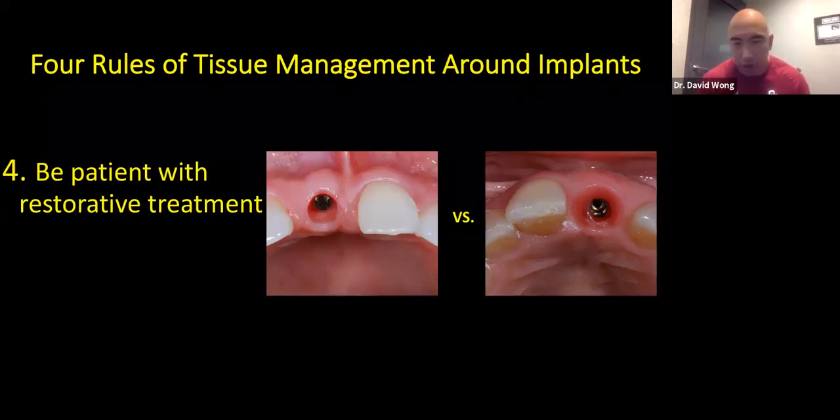Everybody gets in a hurry to just go straight from the healing abutment to the final impression, and what happens there is you end up abusing the soft tissue, causing it to blanch, and subsequently it will want to recede or become inflamed. So we got to be patient with restorative care. So comparing the 2 photographs here, you want the one on the right.